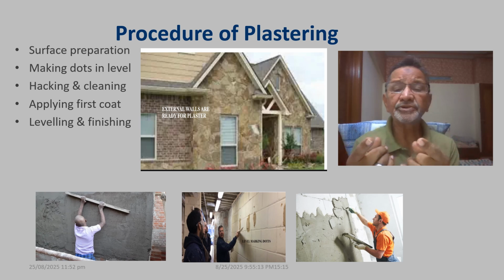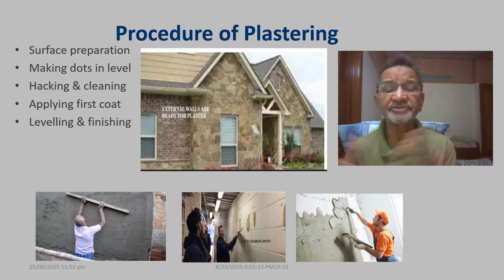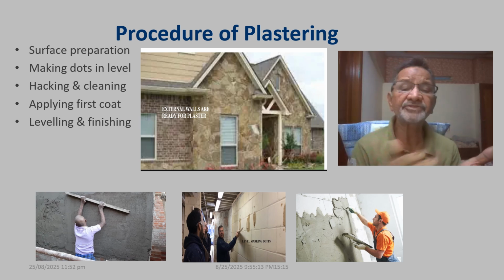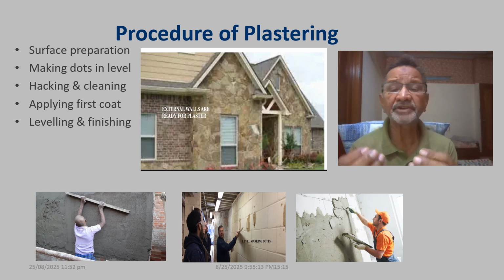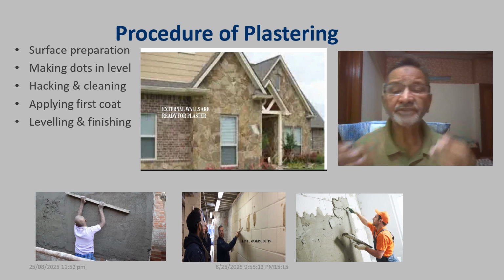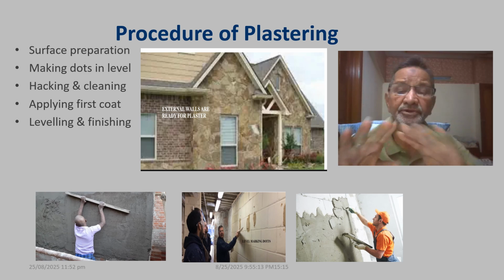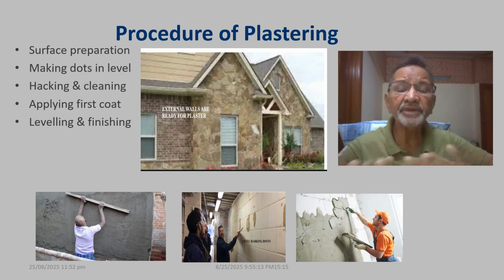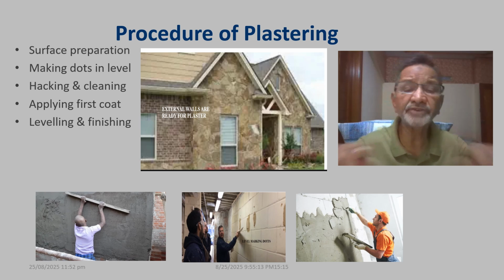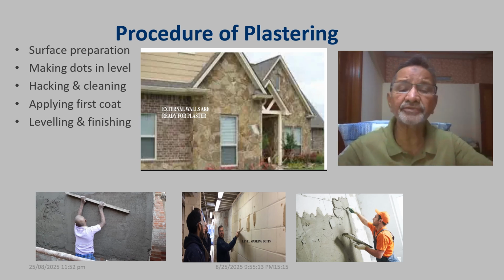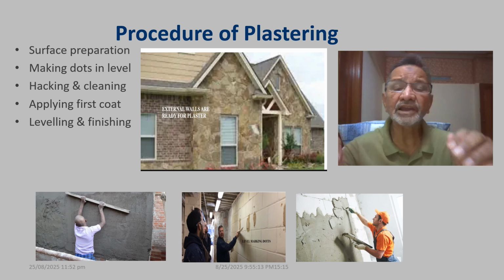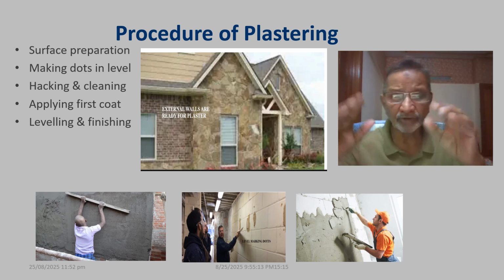External walls are shown in a building which is ready for plastering, and then step by step I will explain briefly about surface preparation. You have to prepare the surface for the plaster. For that you have to clean the entire surface, remove the dust, remove the oil if there is any, and wash it.